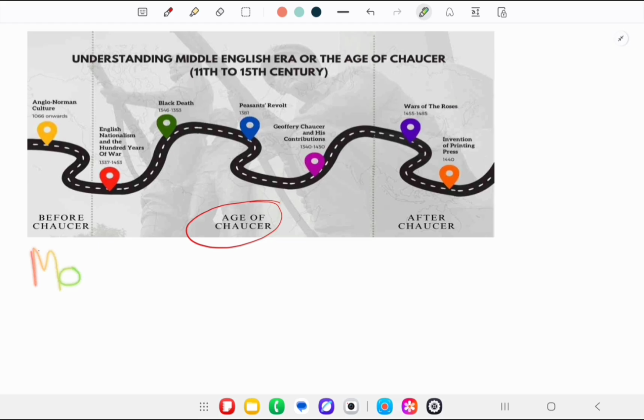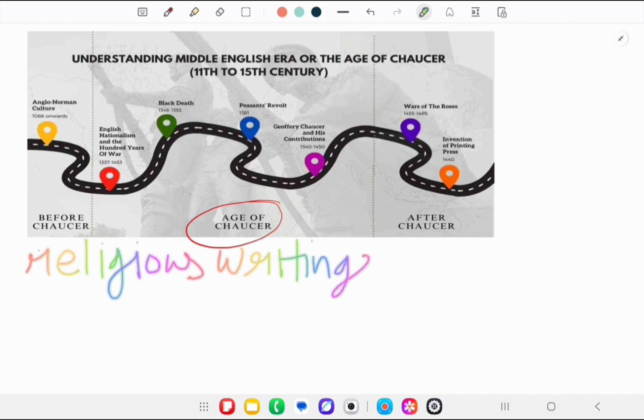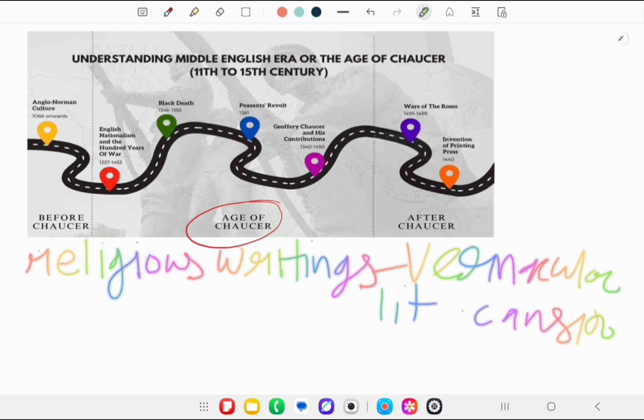Up to the second half of the 14th century, vernacular literature consisted primarily of religious writings.